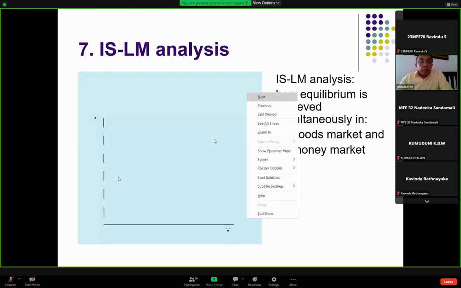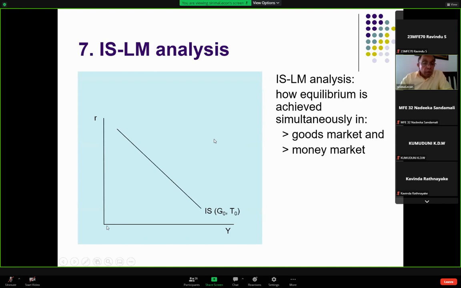I hope we remember, everybody, what these two lines mean. Any point on the IS line gives us combinations of interest rate and income level which brings the output market to equilibrium.